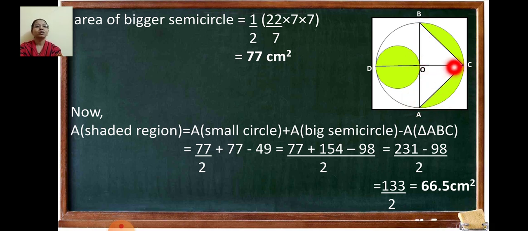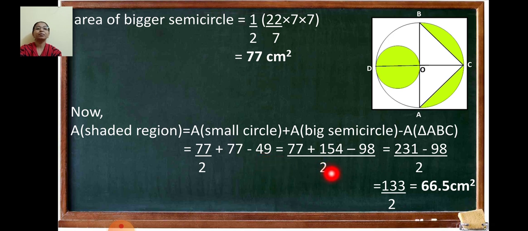From that you subtract this area of triangle. All the values we have, you just substitute. Smaller circle's area is 77 divided by 2 plus big semicircle's area is 77 minus triangle's area is 49.